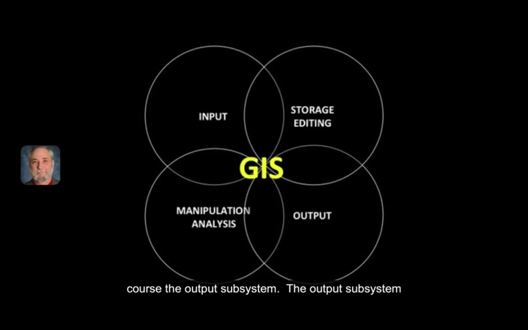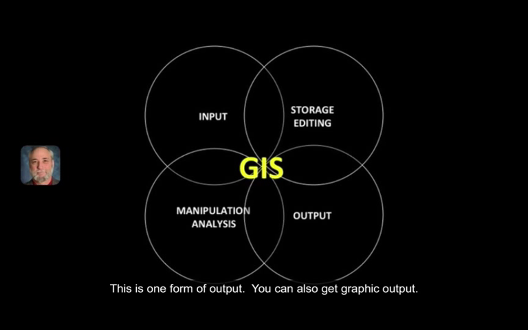And of course the output subsystem. The output subsystem is frequently misinterpreted as being the mapping system. In fact, there are many types of output from GIS. You recall, for example, when we looked at the Yahoo Maps description, one of the things it had was a route log indicating a path that you could travel for shortest distance from one place to another. This is one form of output.